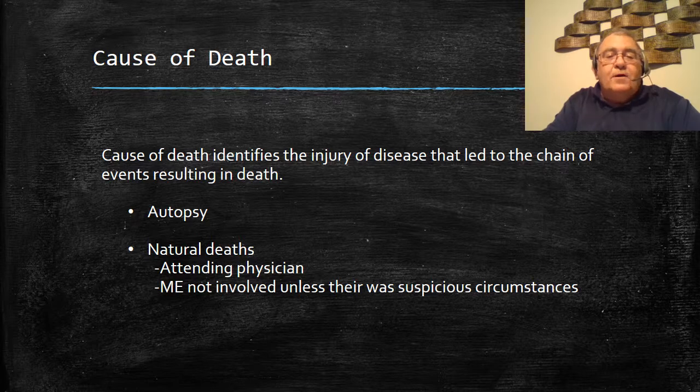Cause of death. The cause of death identifies injury or disease that led to the chain of events resulting in the death. An autopsy is conducted on natural deaths, where the person has had some malady or disease, and they have an attending physician, unless there's some suspicious circumstances.